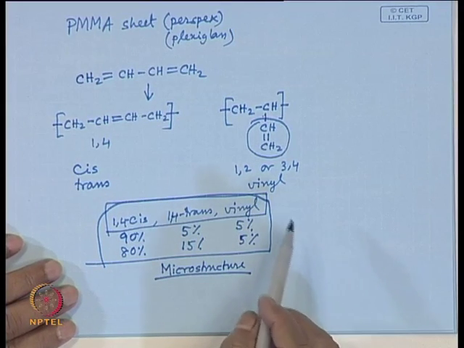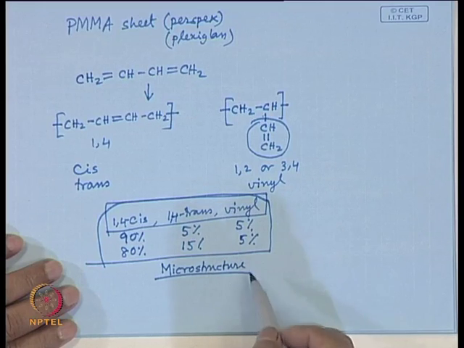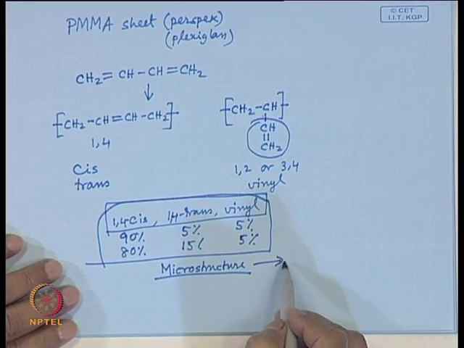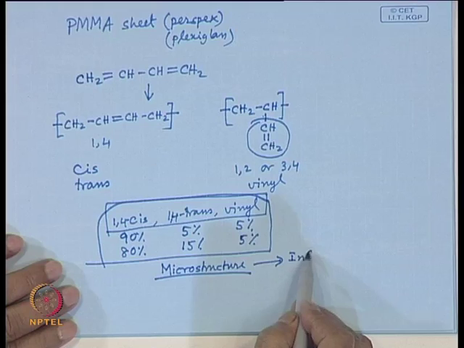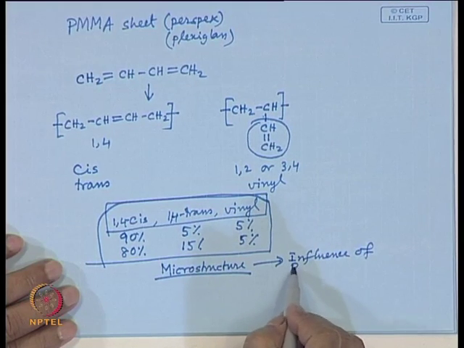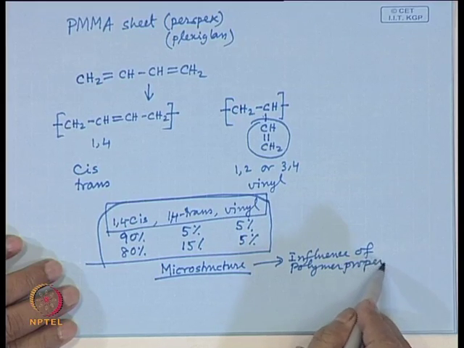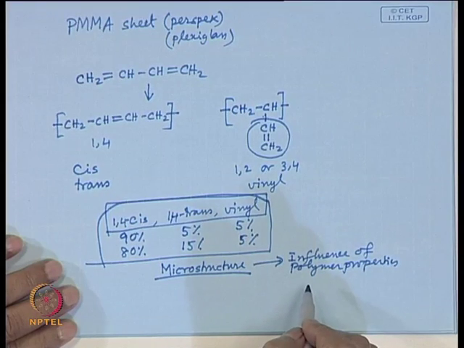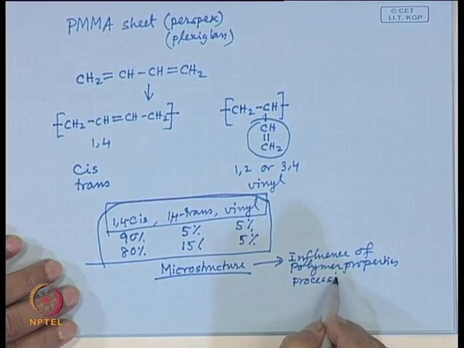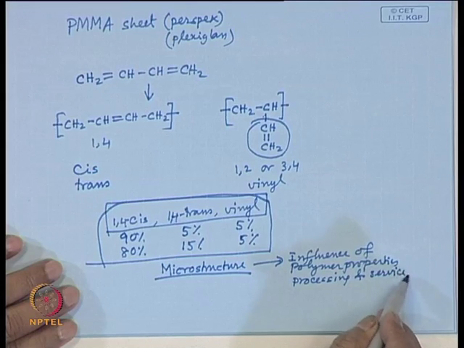That means it can vary the polymer microstructure, and this polymer microstructure has influence on polymer properties during processing and service, properties and processing properties.